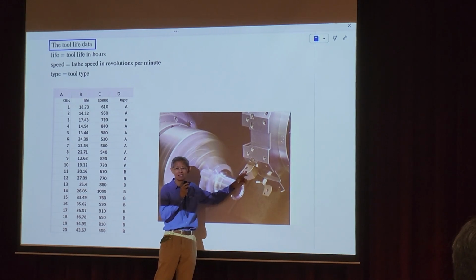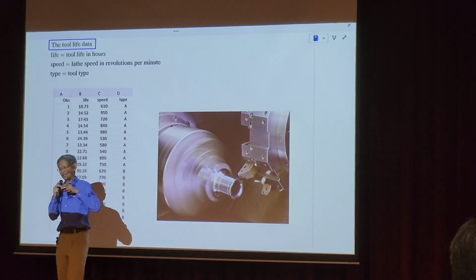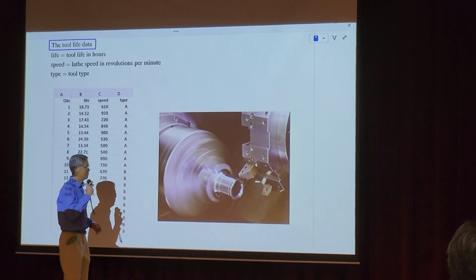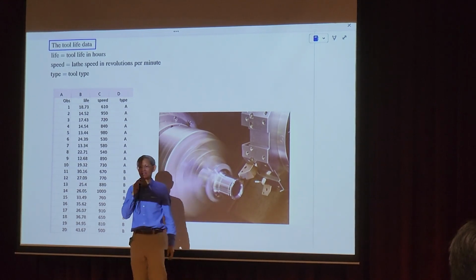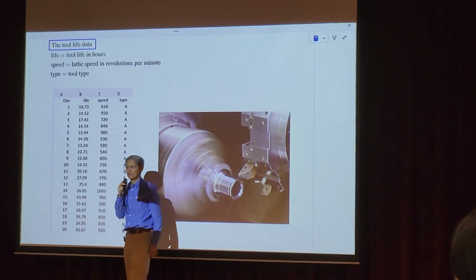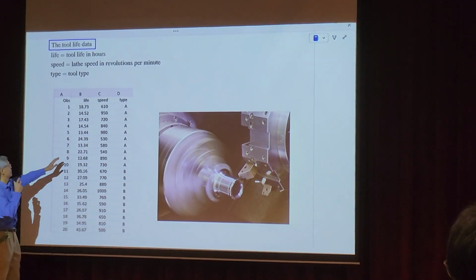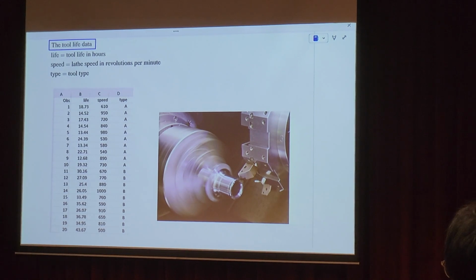If you use a type of steel that is hardened, then it will last longer. If you use pig iron, within seconds it's gone. If this is weaker than this, it will go immediately. So the lifetime of a tool depends on the speed at which it works and the type of tool.